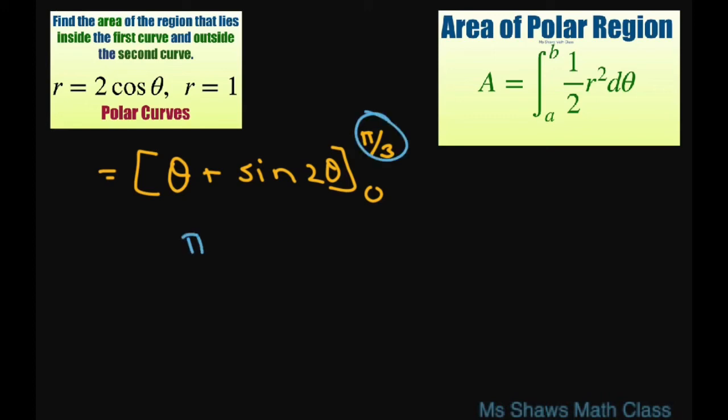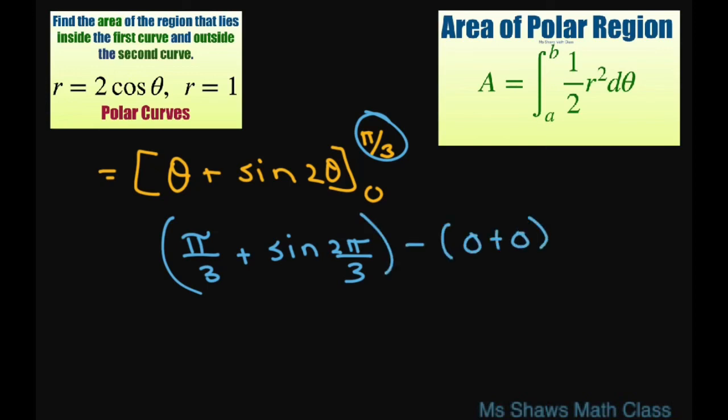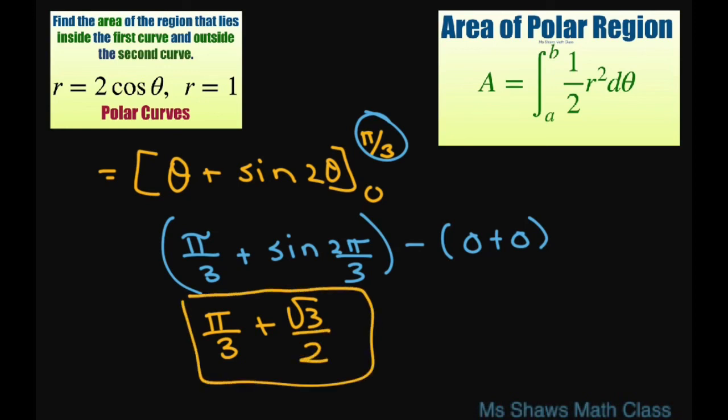We're going to get pi divided by 3 plus sine of 2 pi divided by 3, and the rest is just going to be minus 0, or plus 0 there. So this is going to end up being pi divided by 3 plus square root of 3 divided by 2. And this is your area of that certain region that's inside the first curve and outside the second curve.